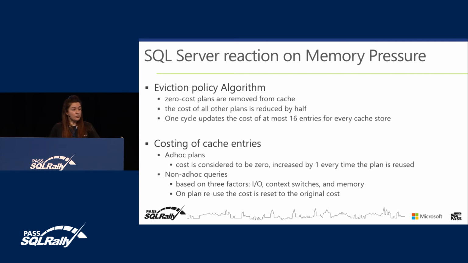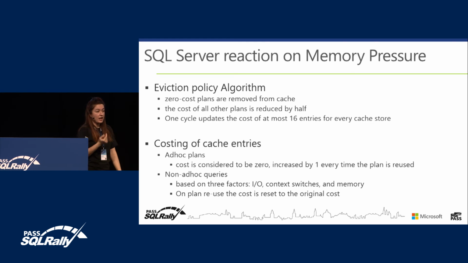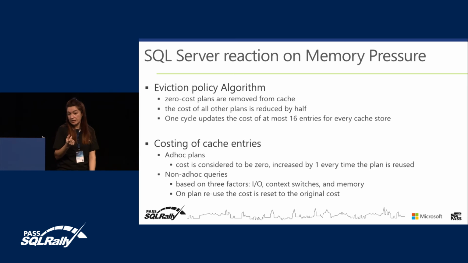The eviction policy algorithm is executed based on the cost of the execution plan. Every execution plan has its cost. And the good thing is that the ad-hoc plan cost is 0. So the ad-hoc plans are the first candidates to be removed from the plan cache in case there is a memory pressure event.